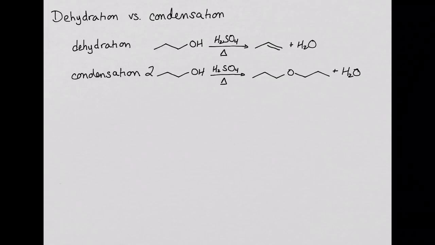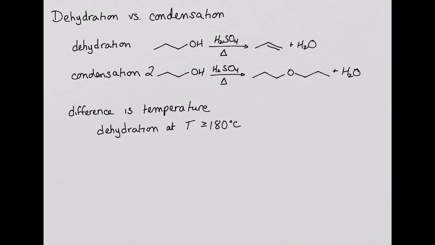We can control which of these reactions happen by controlling the temperature at which the reaction is carried out. A higher temperature favors the dehydration reaction. Typically, we see dehydration occur at temperatures above 180 degrees Celsius. Condensation is favored at temperatures of less than 140 degrees Celsius.